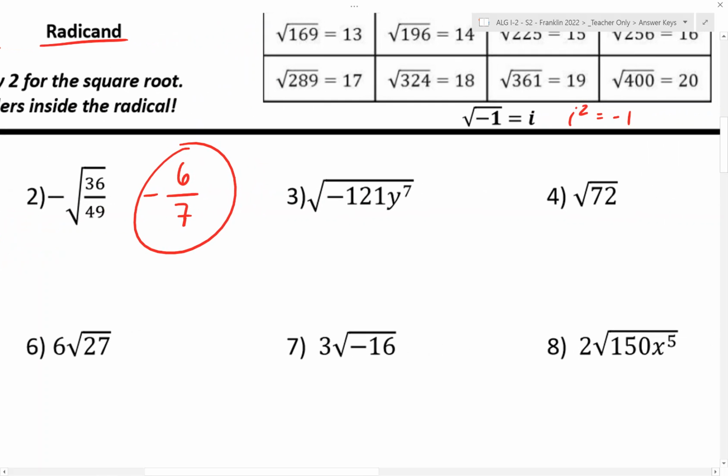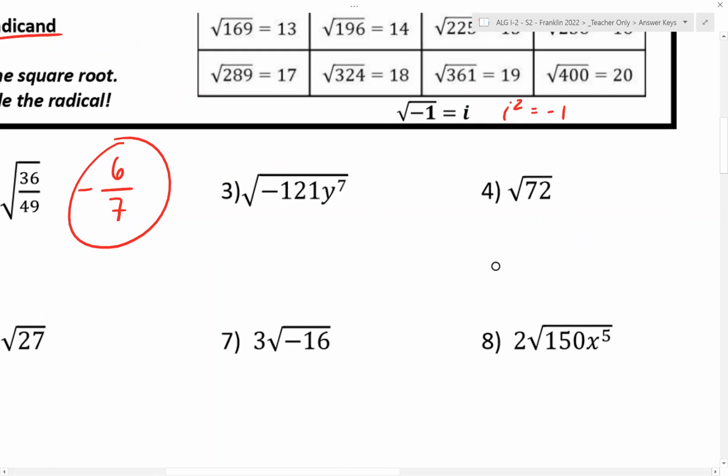For number 3, we have a negative inside the radical. And this is where we're going to end up with an i in our answer, because the square root of negative 1 is i. So we can think of this in a few ways. Let's break it up here into perfect squares and whatever's left over. So the negative sign, I'll make that a negative 1 so we can really see where that i comes from.